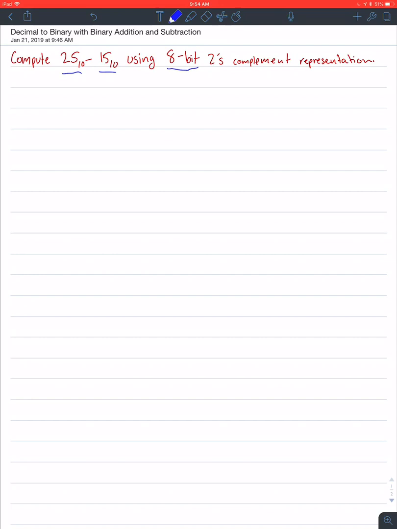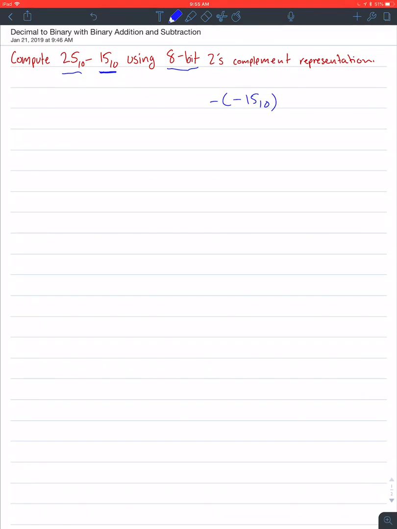Well, to subtract them, you need to convert that 15 base 10 to 2's complement. You only convert the negative number in the question into 2's complement, and then you add them. Because when you're converting it to 2's complement, you're making this 15 into a negative number, so it's going to be negative 15 base 10.